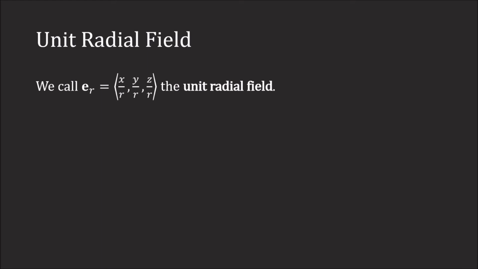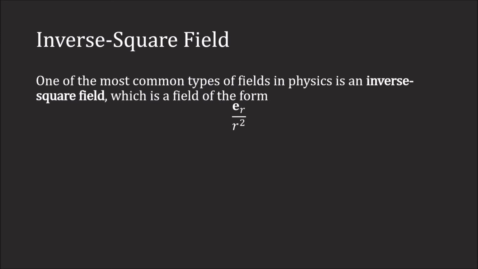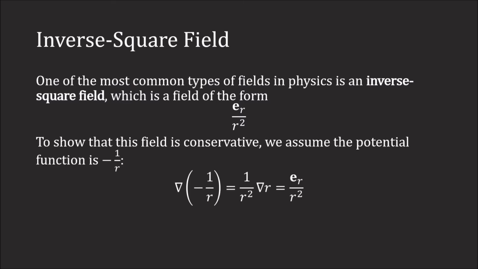Another common field, especially in physics, is the inverse square field, which is a field of the form E sub r over r squared. So it's the unit radial field over the radius squared. Now this is also conservative. So to show that it's conservative, let's assume that the potential is negative 1 over r.